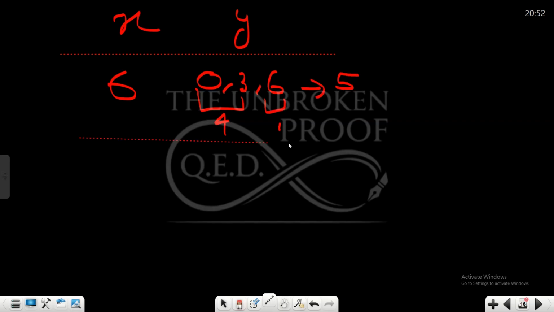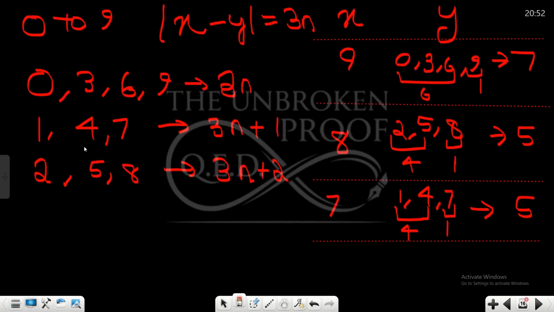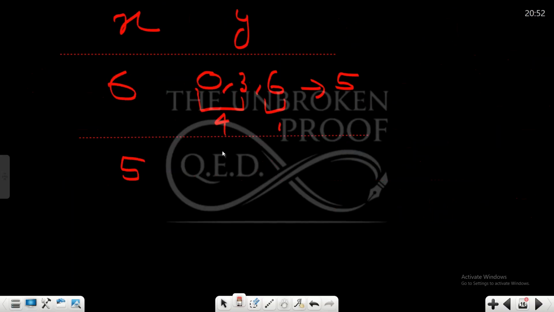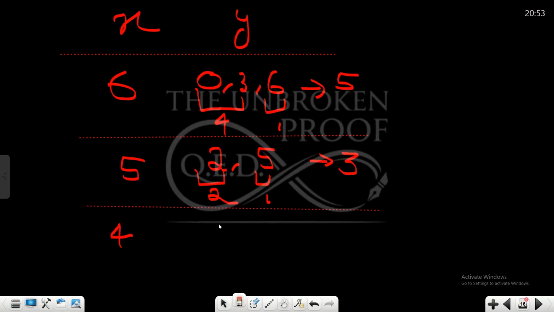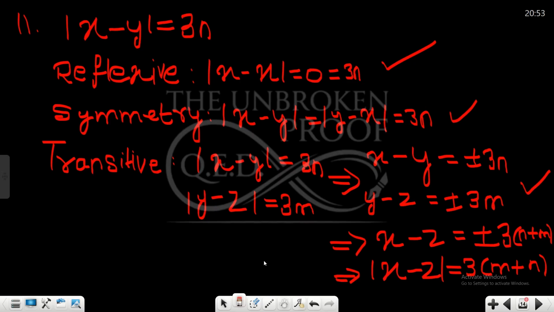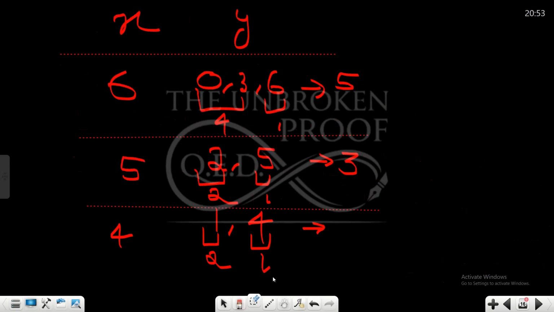And if you take x as 5, then the possible cases are 2 and 5. Here you will get 2 cases, here you will get 1 case, so here you will get 3. And if you take x as 4, then here you will get 1 and 4, here you will get 2 and here you will get 1, so finally you will get 3.